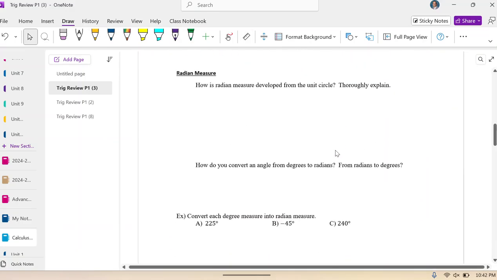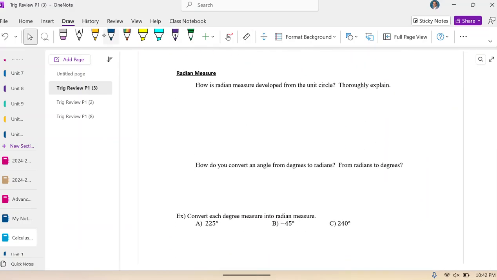All right, radian measure of an angle. How is radian measure developed from the unit circle?